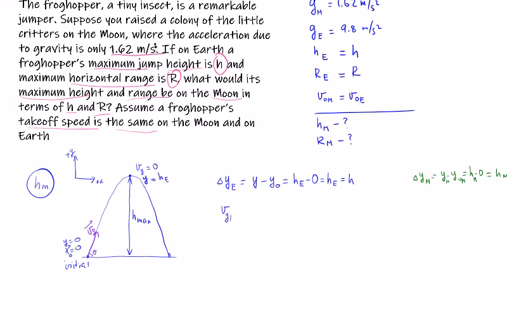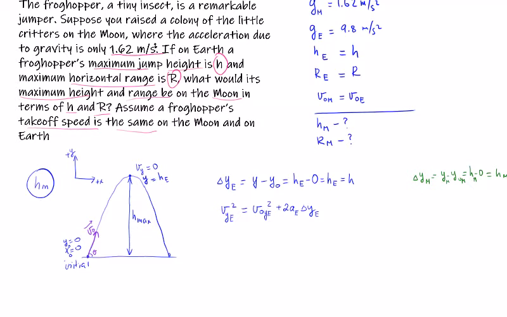I can write Vy on Earth squared equals V naught y on Earth squared plus 2a on Earth, acceleration on Earth, delta y on Earth.